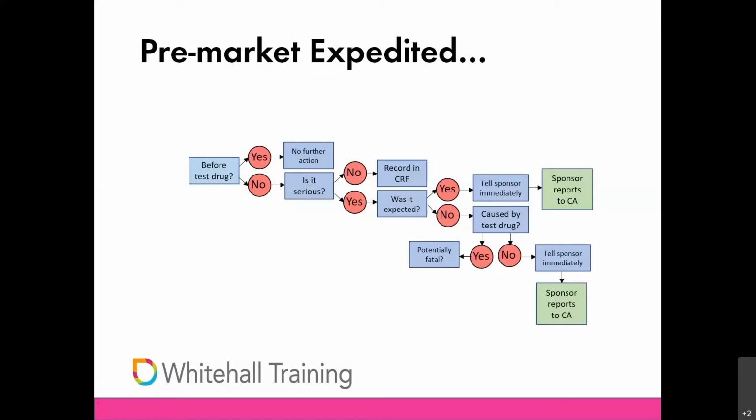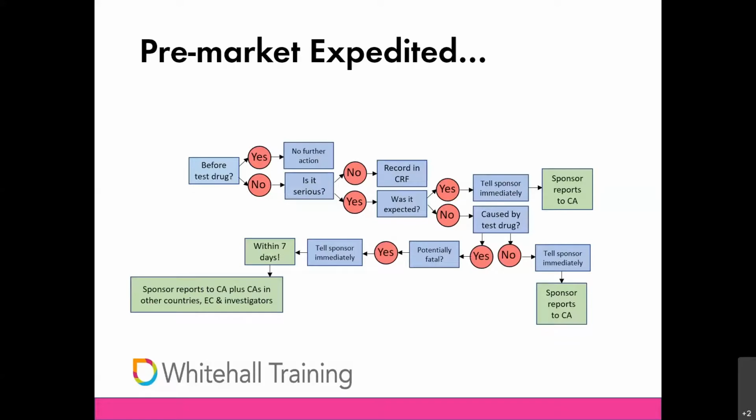So if the answer to that is yes, the sponsor needs to be told immediately, and then they need to, within 7 days at an absolute maximum, report it to the competent authority where it happened, plus the competent authorities in other countries where trials might be going on, plus the ethics committee and investigators. After they've reported it, they then have an additional 8 calendar days to file their complete report.